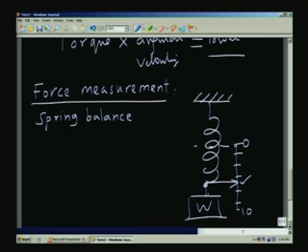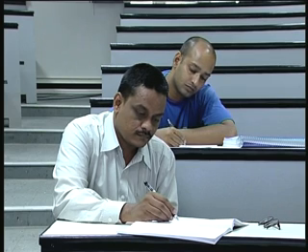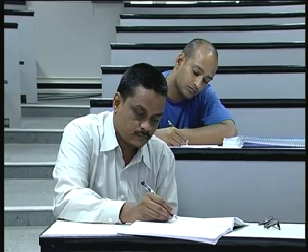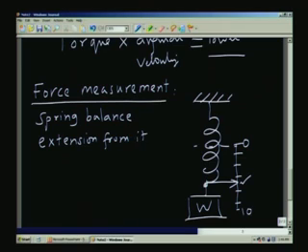So, the spring extends. Spring extension from its initial length. Initial length means unloaded length. When there is no load on it, there is a certain length L and it extends by a certain amount, and we know that the spring has a linear relationship.